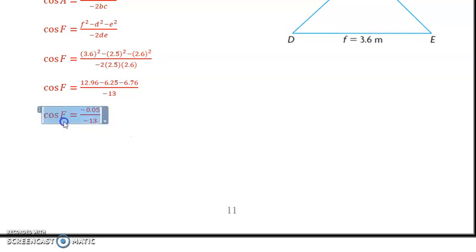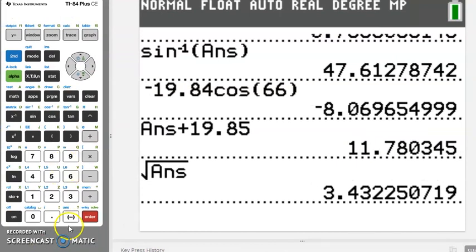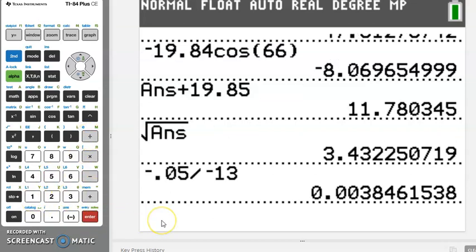And divide those two numbers, I'll show that on the calculator now. We get negative 0.05 divided by negative 13, and we get 0.0038 and so on.